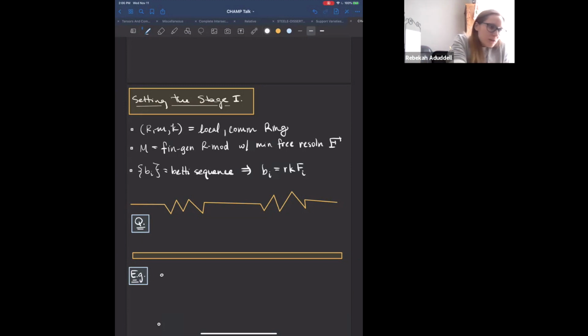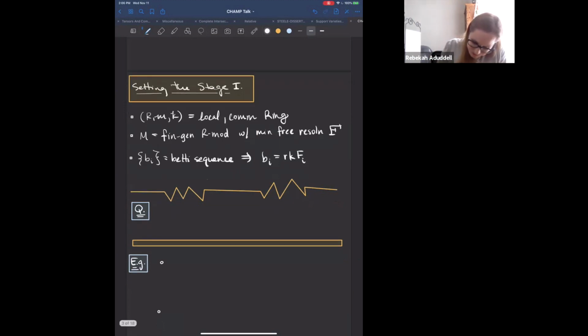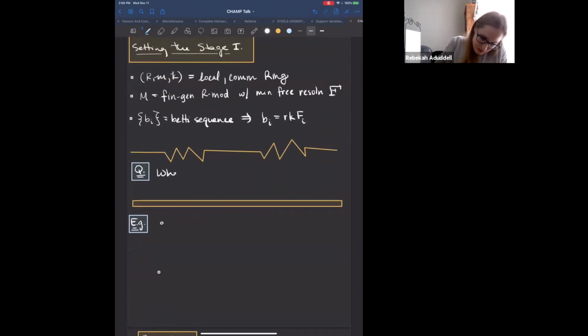Okay, I'm particularly interested, of course, in infinite free resolutions. One question that everyone cares about is: when we have an infinite free resolution, what patterns can occur in the Betti sequence?